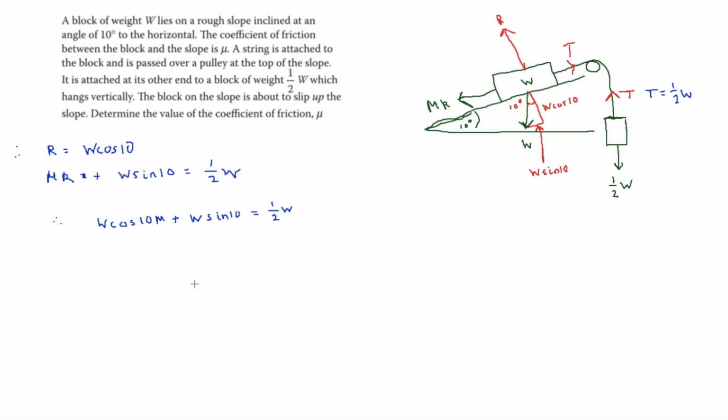So therefore, we need to find out what mu is. The coefficient of friction is therefore equal to a half W, then minus W sine 10, over W cos 10.